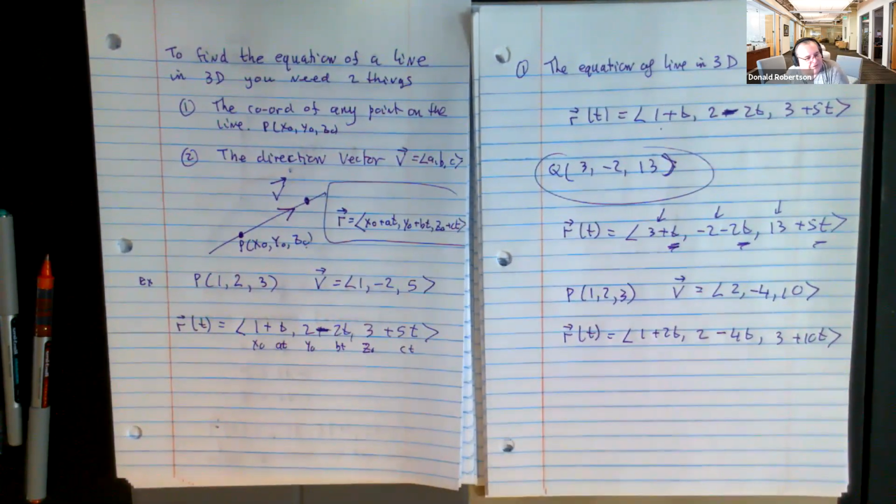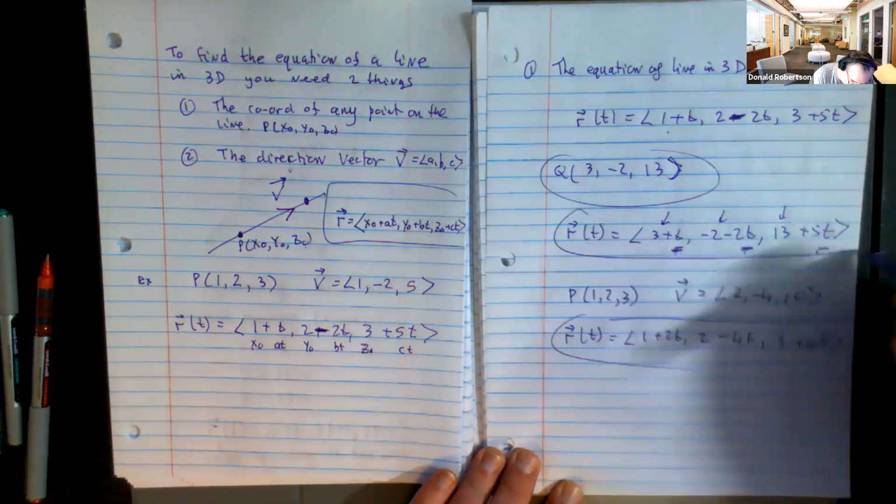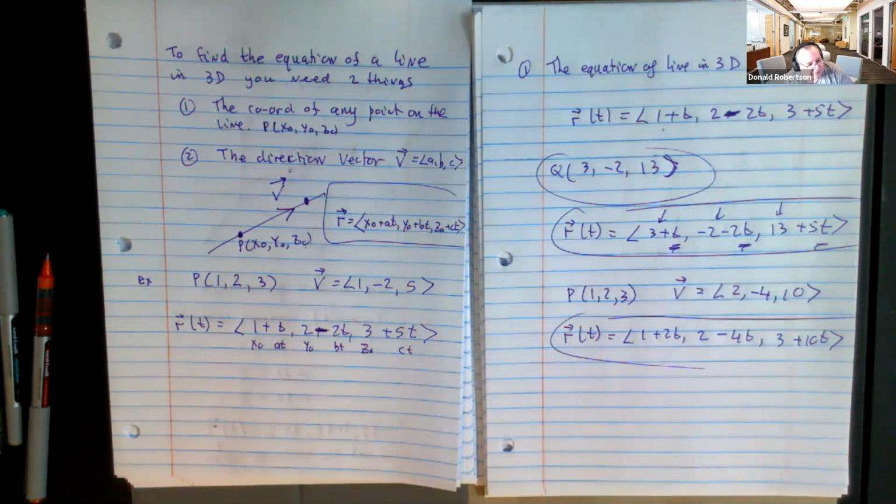Do you get that it's not unique anymore? Aren't all of these just different equations of the same straight line? Are we good?